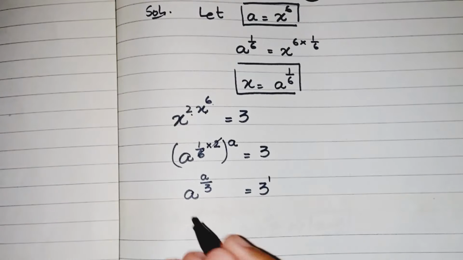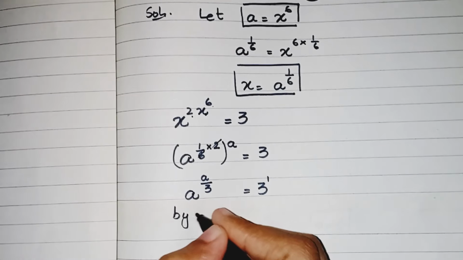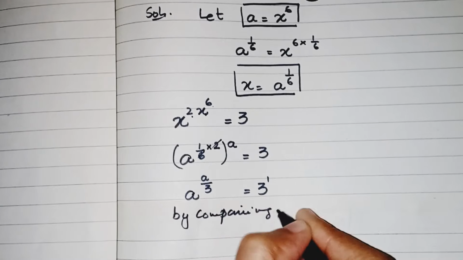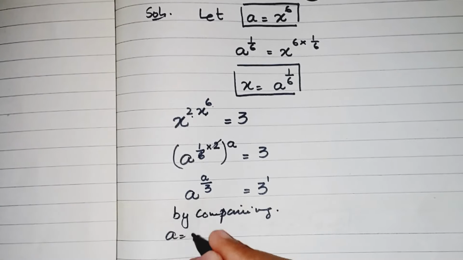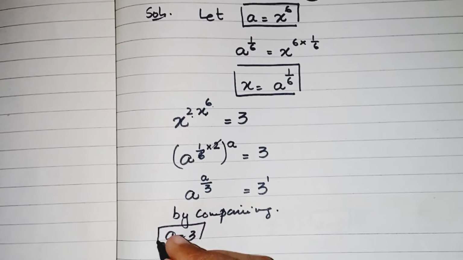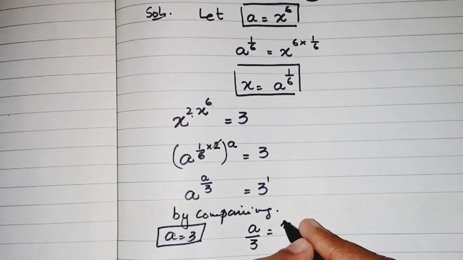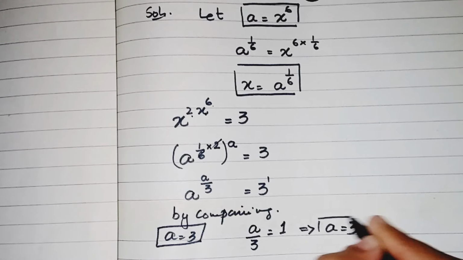So if I compare base by base and power by power, it will be a = 3, which are the bases, and in the power I have a/3 = 1, which is also equated as a = 3.